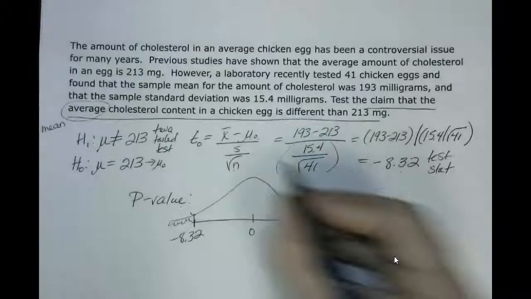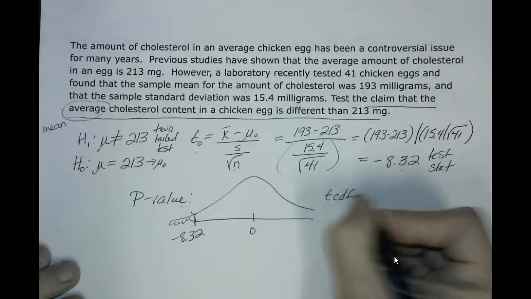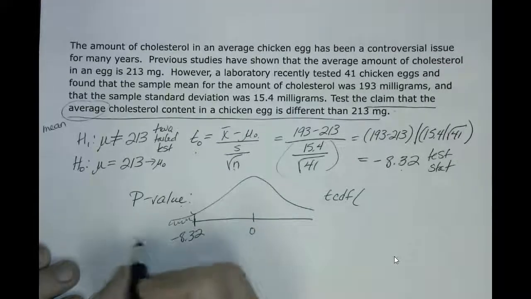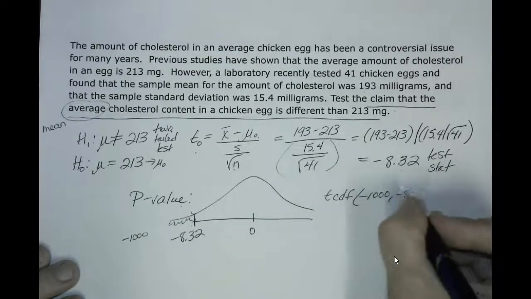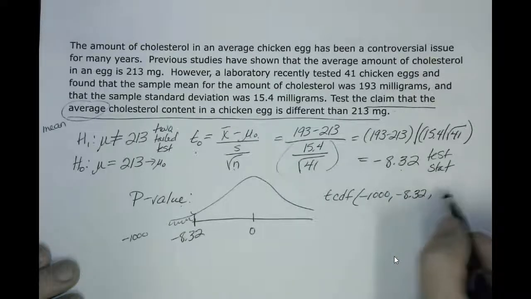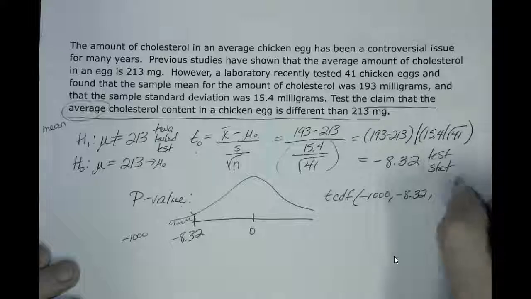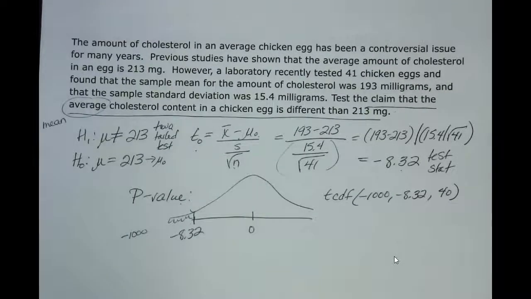So in this, because this was a t, that means we're doing the t-CDF. So our lower bound is going to be a big negative number like negative 1,000. Our test statistic is going to be our upper bound. And then here we put in the degrees of freedom. Since our sample size was 41, our degrees of freedom is 40.